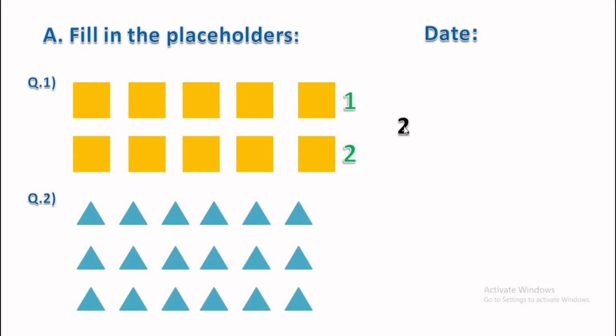Then we will put a multiplication sign because we want to find out the total number of squares using multiplication. Now we want another number for multiplication. We will get that by counting the number of squares in each row.